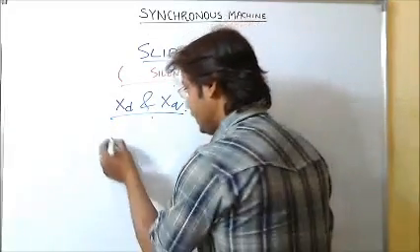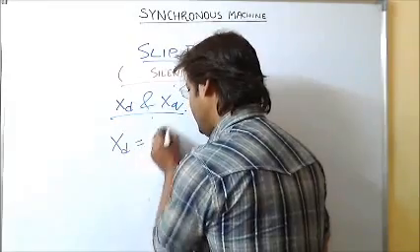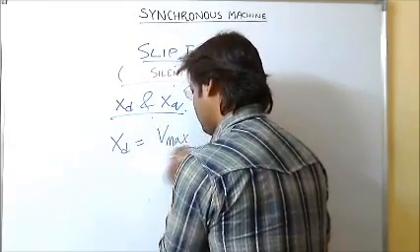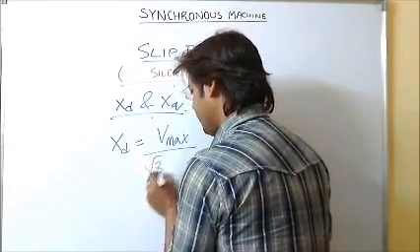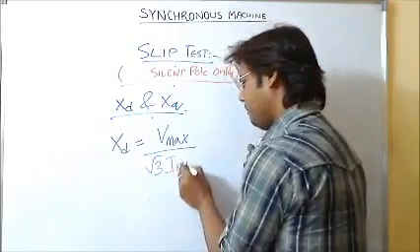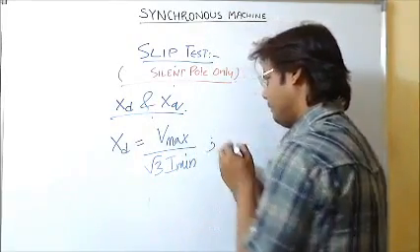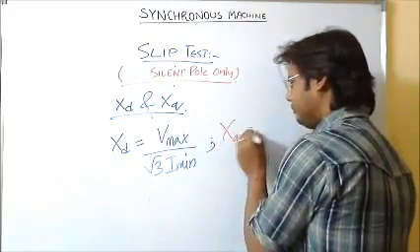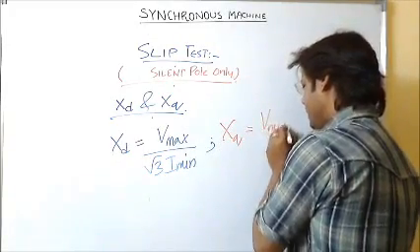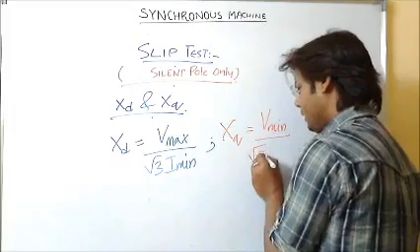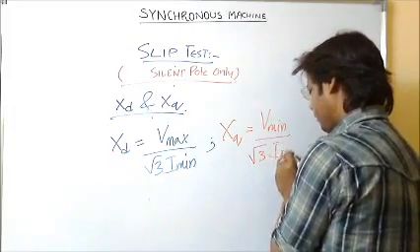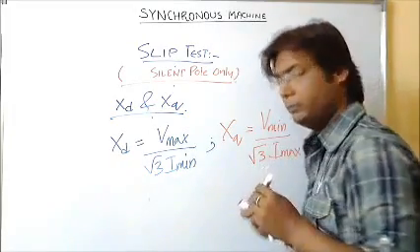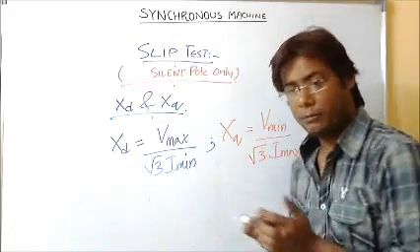We can say that XD is equal to V maximum divided by root 3 I minimum, and for XQ, V minimum divided by root 3 I maximum.